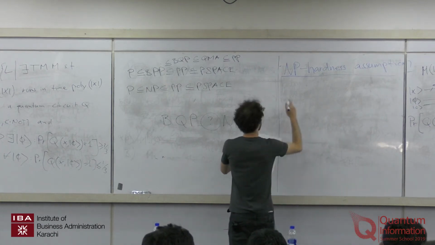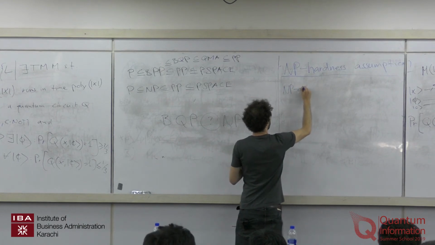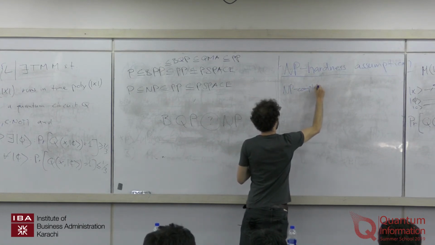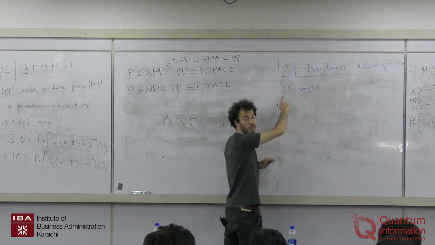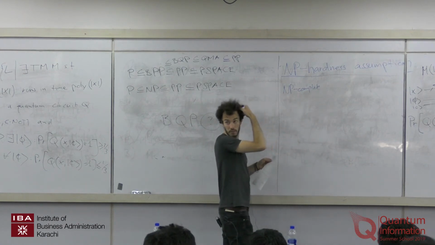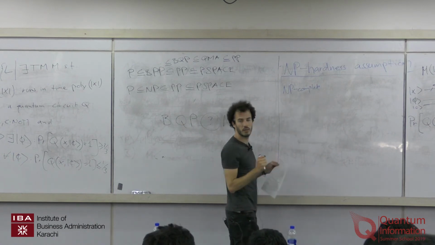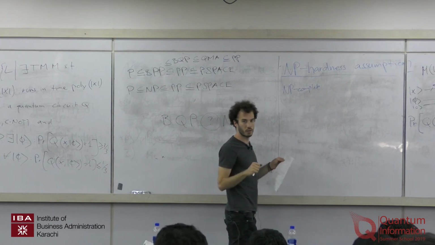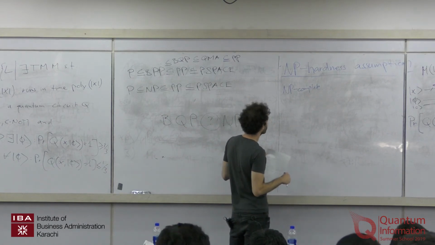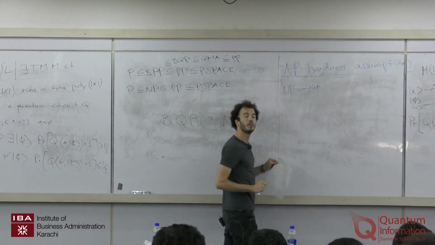And this assumption states that NP-complete problems are intractable in the physical world. What does NP-complete mean? These are the hardest problems in NP. If you can solve such a problem, like 3-SAT, which we saw in the morning, satisfiability of logical expressions, efficiently, then every decision problem in NP could be solved efficiently.